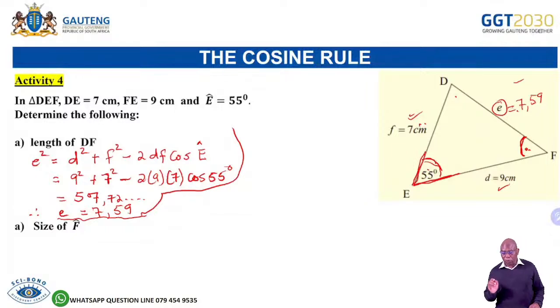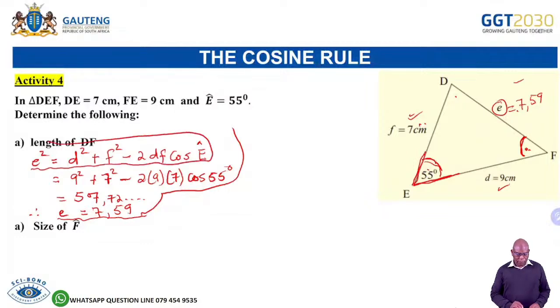Now in the cosine rule, if I take this rule here, but using f as my subject of the formula, I'm going to get f squared equals e squared. Remember now I need the angle f.